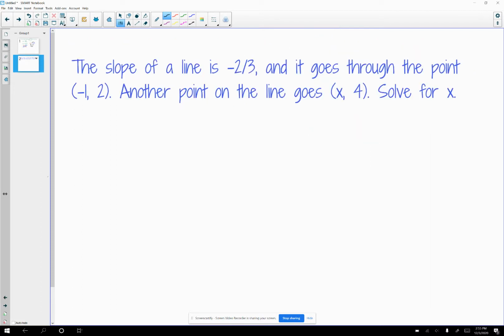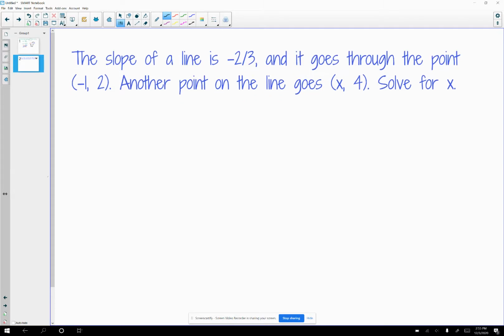Here's our next one. Our slope is -2 over 3. It goes through the point -1, 2, and the other point is (x, 4). So again, I'm going to use my equation, and I'm going to put my y values, so 4 and 2 together up top, 4 minus 2, over my x values, so over x minus -1.